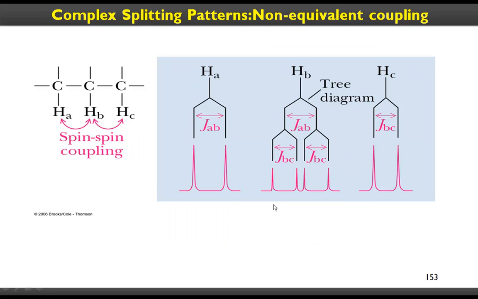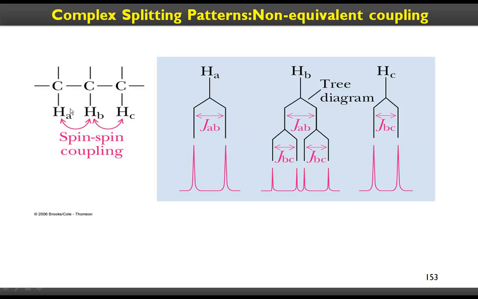Okay, there can be a situation like this where, let's say, we are considering the effect of A and C on B. Let's say this HA is not the same as HC. The coupling constant between these two is different from these two.